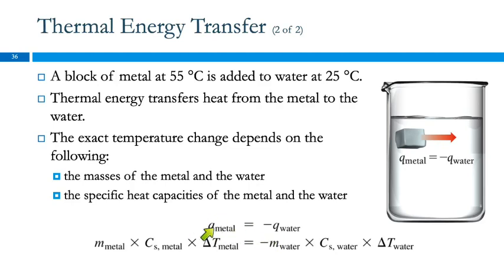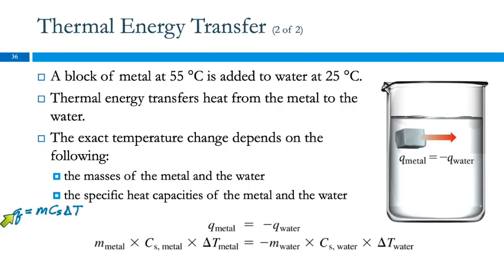So the Q for the metal is equal to Q for the water, but opposite sign. And so we can calculate each of those things separately. When we stick it into this whole equation here together, it kind of gets confusing. But Q equals mC delta T, right?